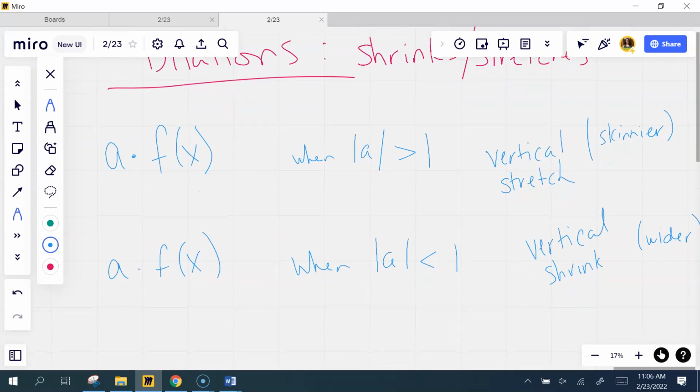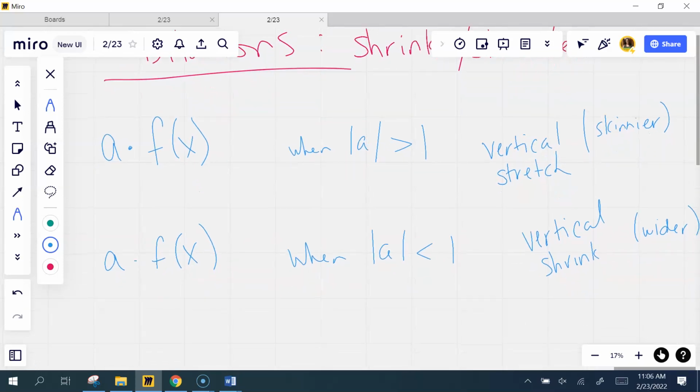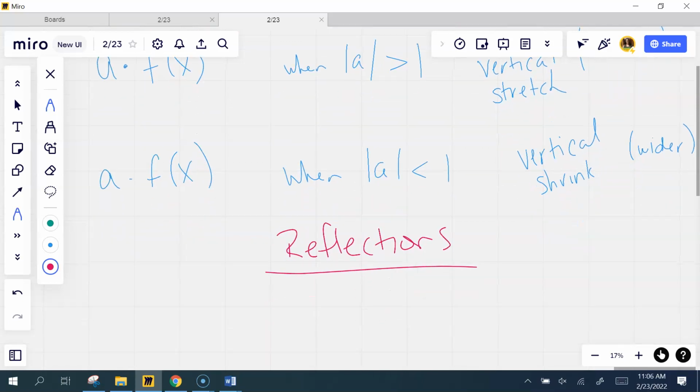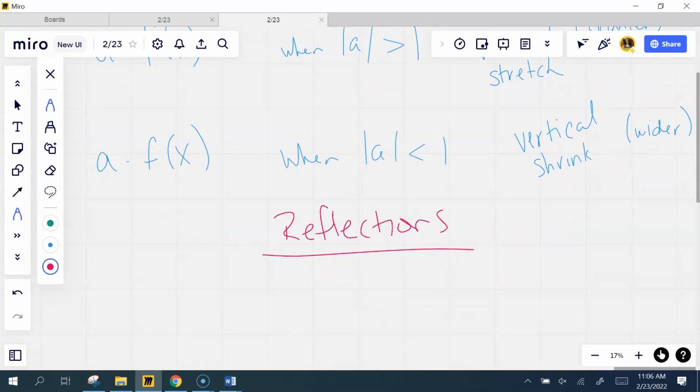I'm going to go ahead and do reflections before I pull it all together. So this says, and I want you to add one more on here that we'll do in just a second, but it says negative f of x. And what happened on number 7 when we just threw a negative on the outside? Reflected.